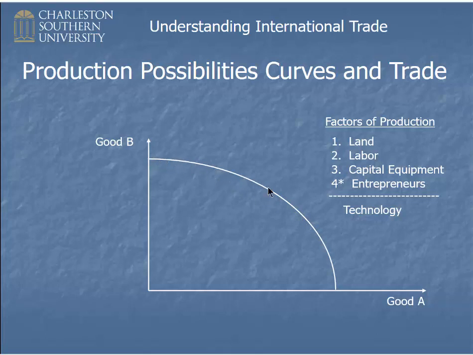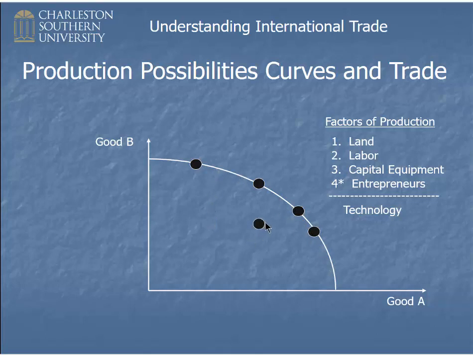So a good definition of the production possibilities curve is all the combinations of good A and good B that we can produce given our limited factors of production and our technology. So we could produce here or here or here or really anywhere along the production possibilities curve.